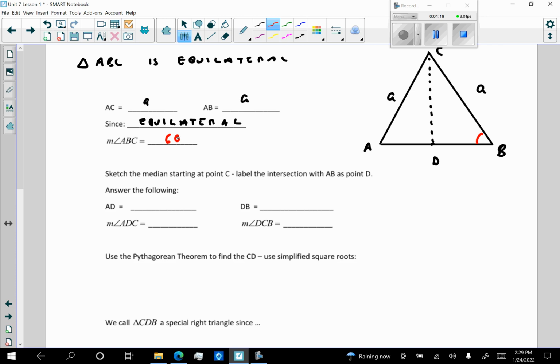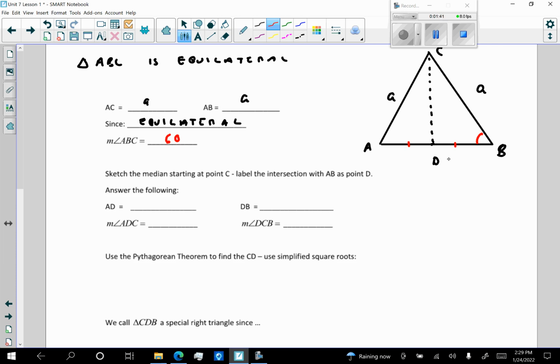What I'm going to do is sketch the median starting at C down to D. I'm going to label this intersection point D. And we know from our previous discussion about special right triangles that this is also a median, which divides AB into two congruent segments.